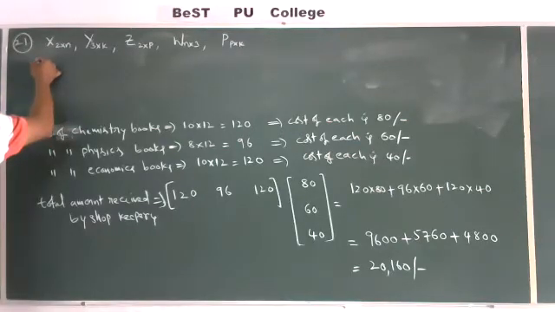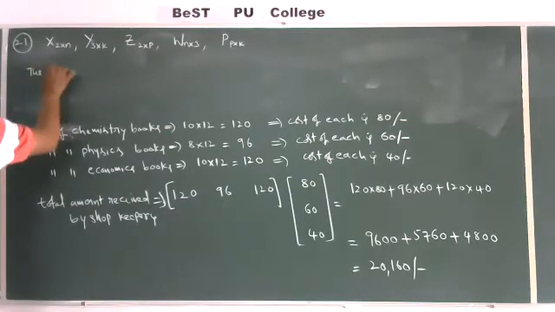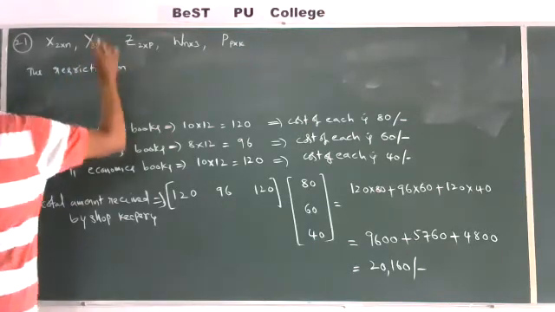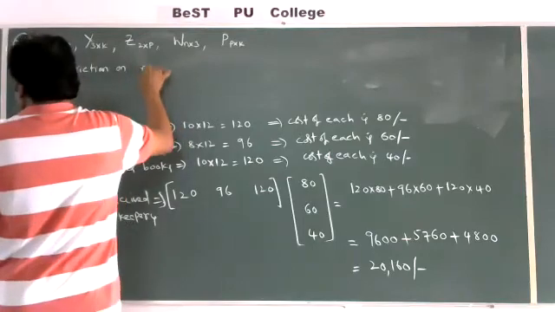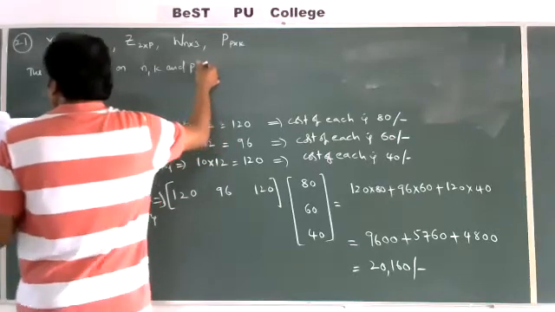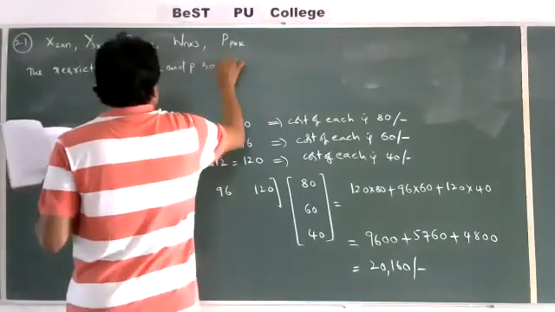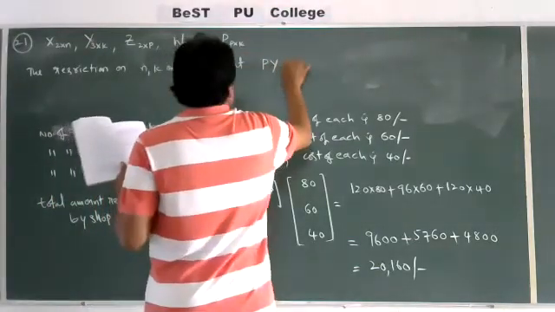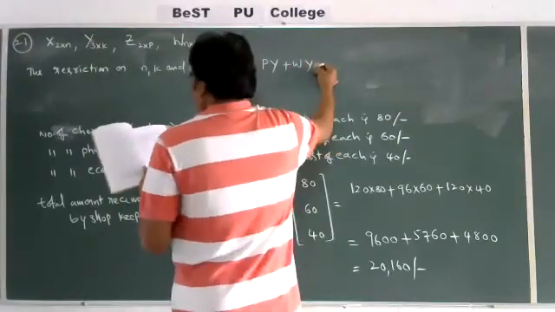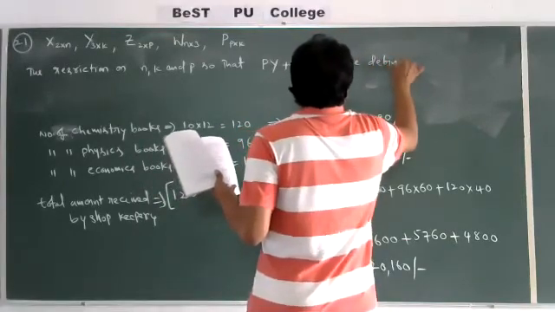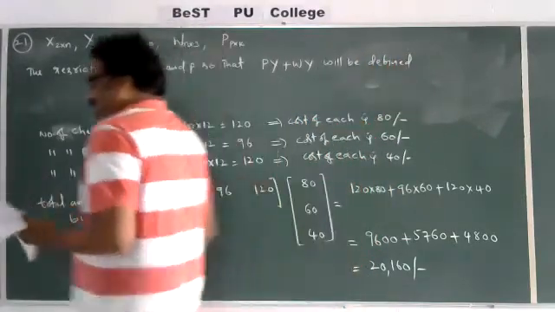The restriction on n, k and p so that PY plus WY will be defined.